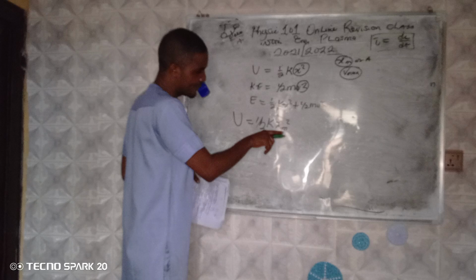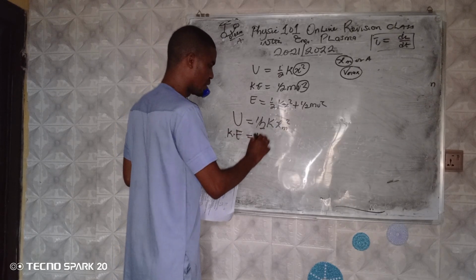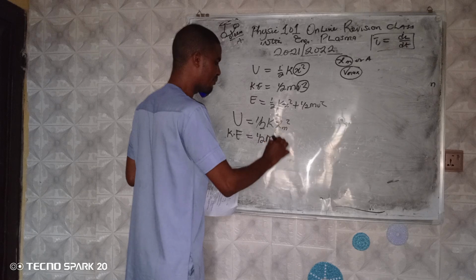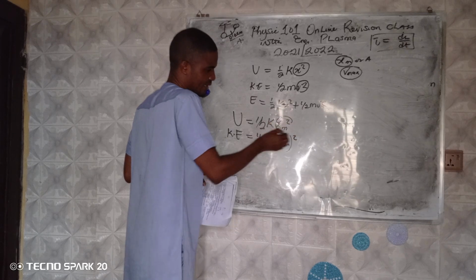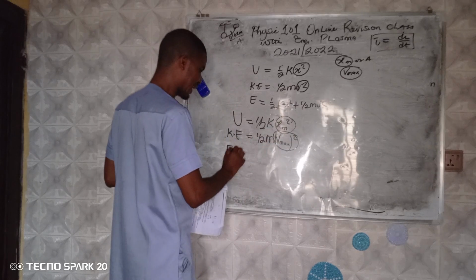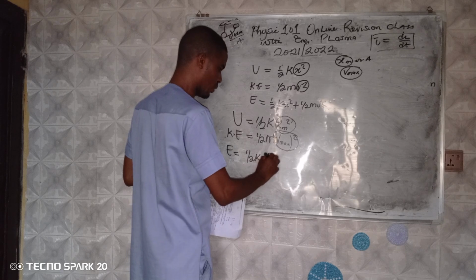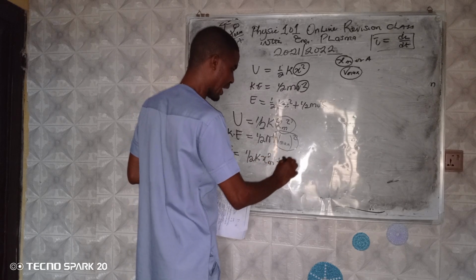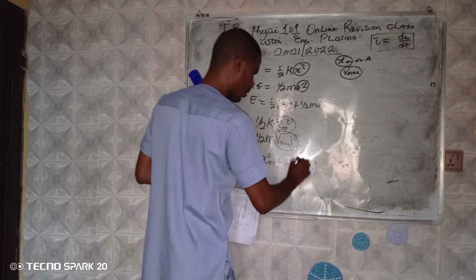Once you have used amplitude here, just know that when you are doing kinetic energy also, you are going to use half m v maximum all squared, so that this and this will tally. This will also give you total energy as half k x maximum squared plus half m v maximum all squared.